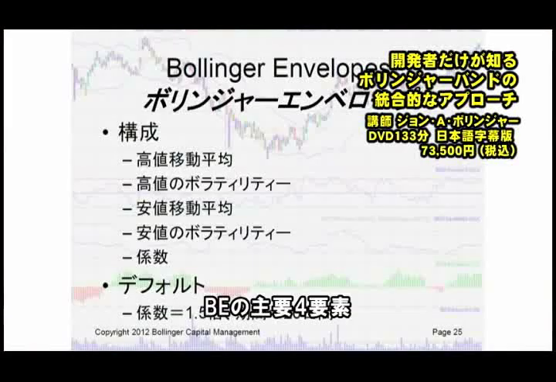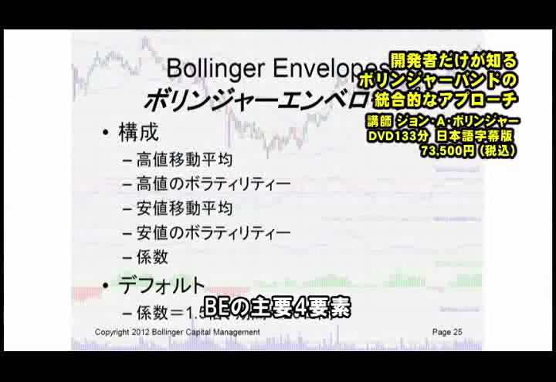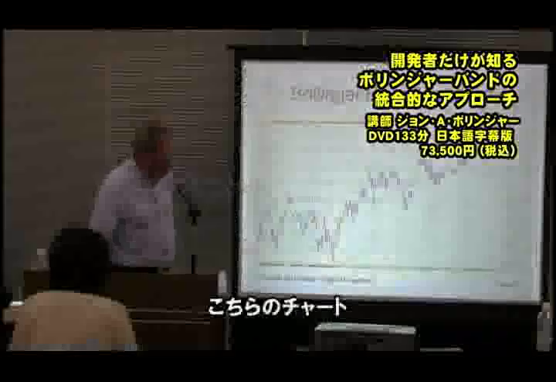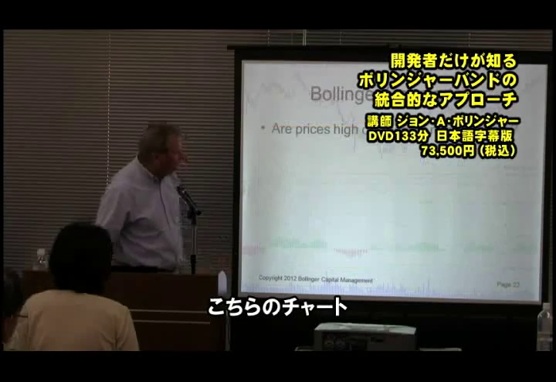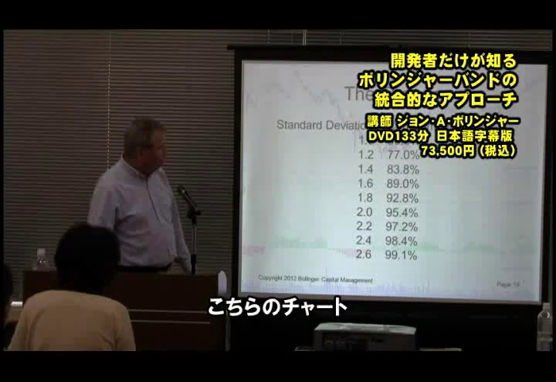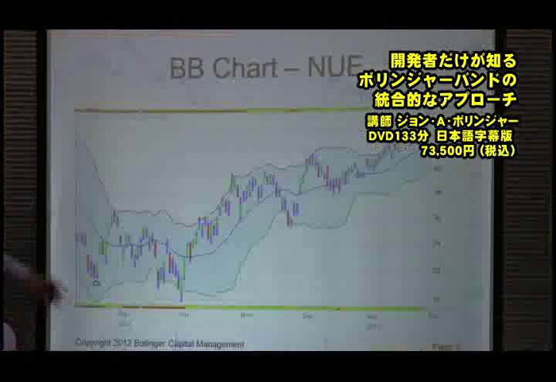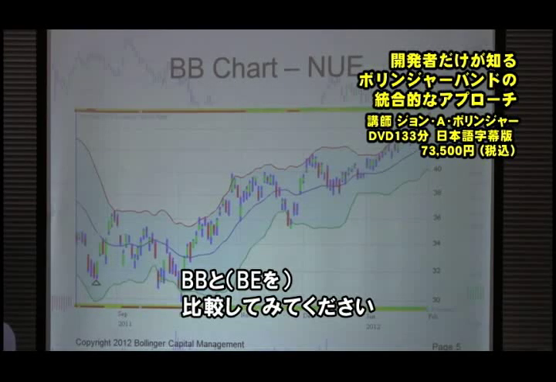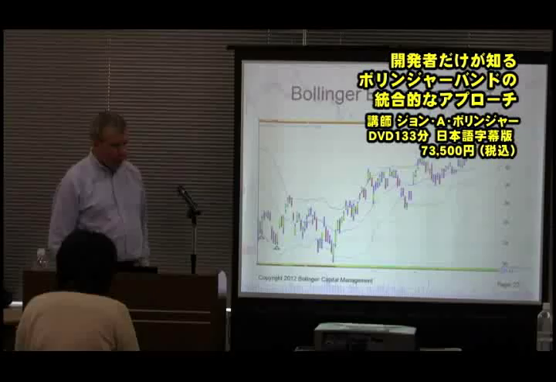So we have four major components in order to create Bollinger envelopes. If you compare the chart on page 23 with the chart on, you will see some of the differences between Bollinger envelopes and Bollinger Bands.